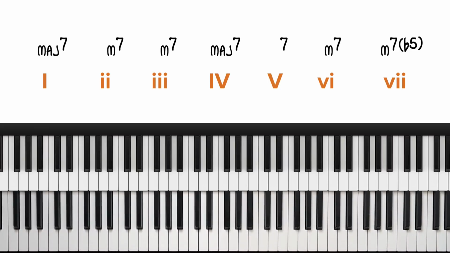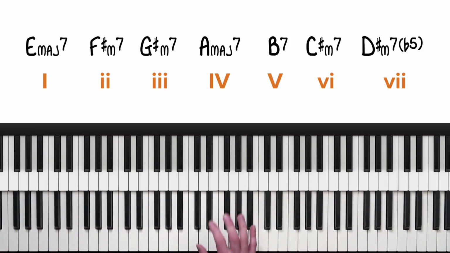And understanding this concept is huge, because it means that if you know your major scales, and you remember this system, you can easily work out any chord within any key just from a number. For example, if someone said to you, play chord 6 in E major, all we'd have to do is get our numbered chordal system, put the notes of E major in front of them, and we can clearly see that chord 6 would be a C sharp minor 7.